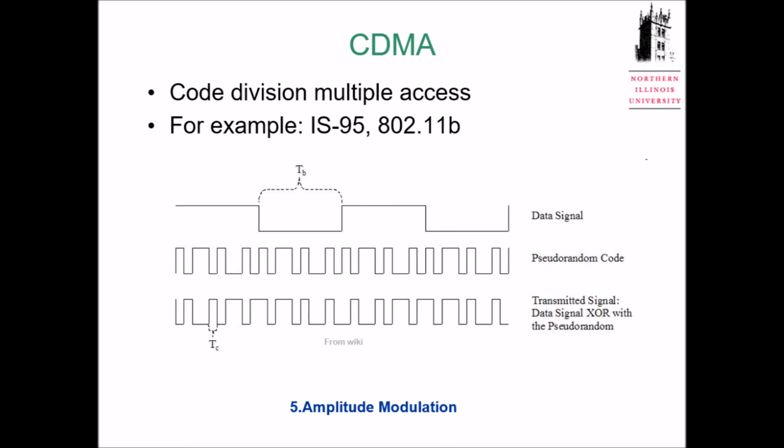So for CDMA, people design codes called orthogonal codes. This is a very simple example. Code length only 4. So this is my code 1, code 2, code 3, code 4. They're orthogonal. What does this mean?